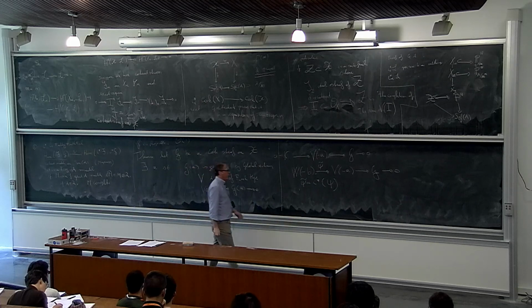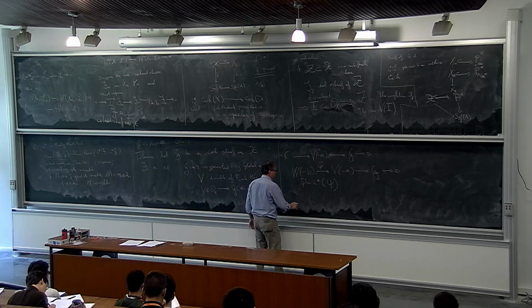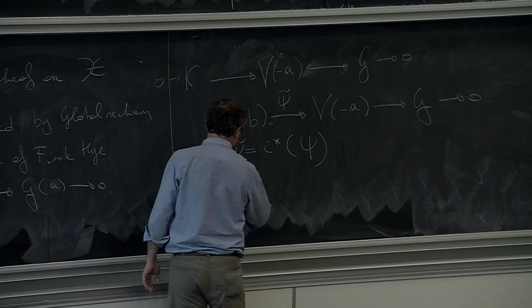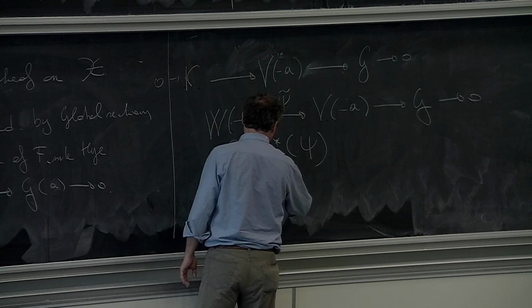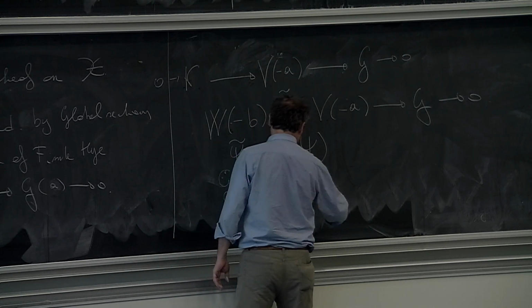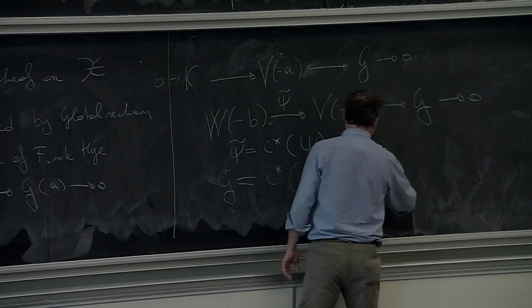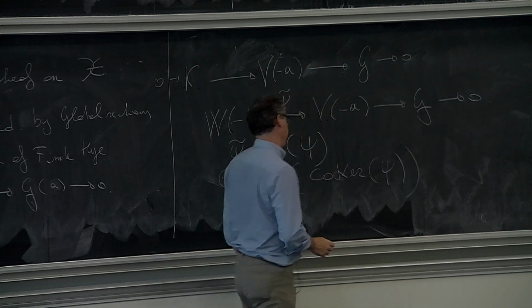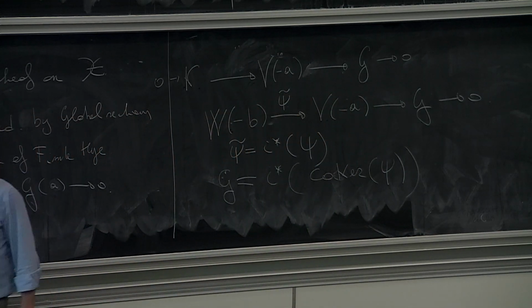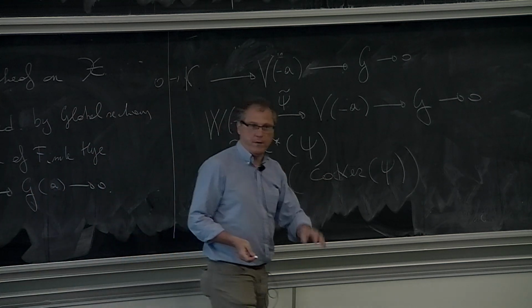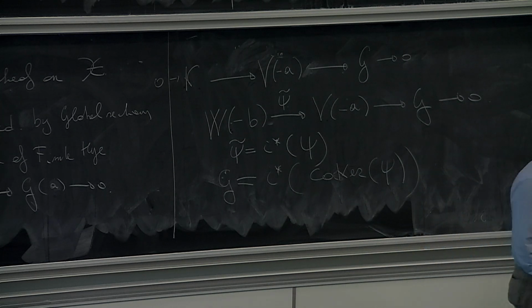And so I will put G to be I up a star of the cokernel of psi. And so I proved that G is the pullback of a coherent sheaf on X.